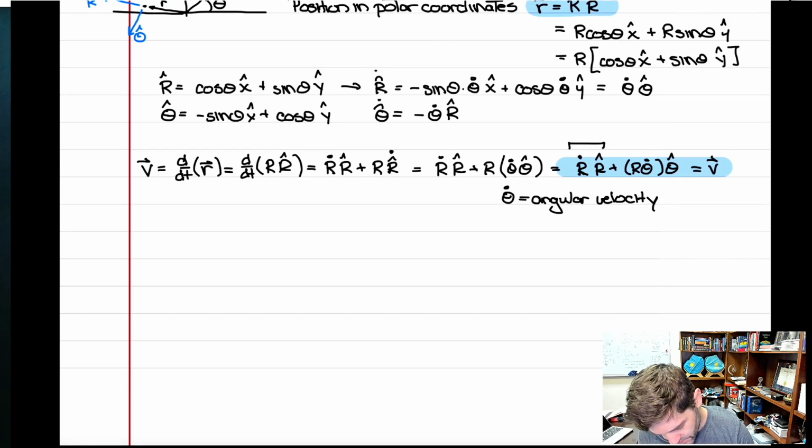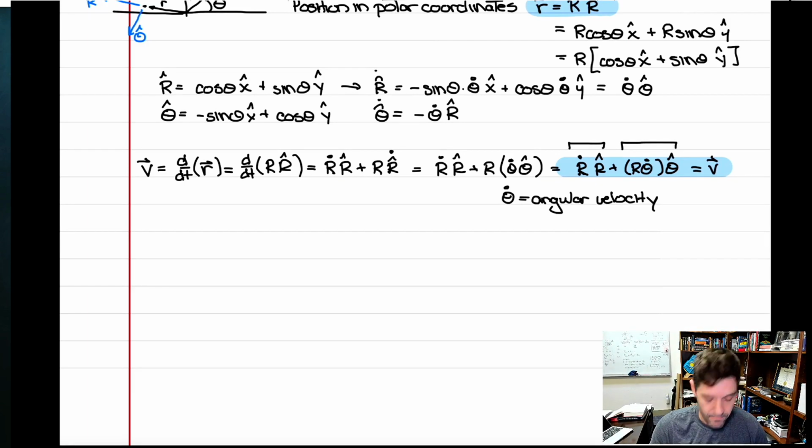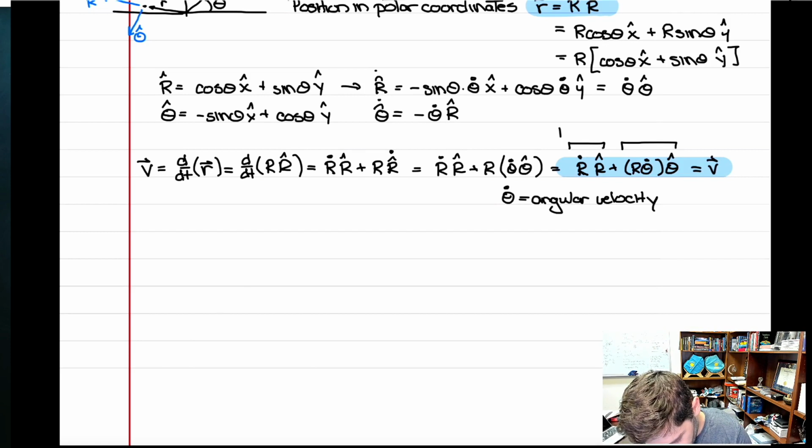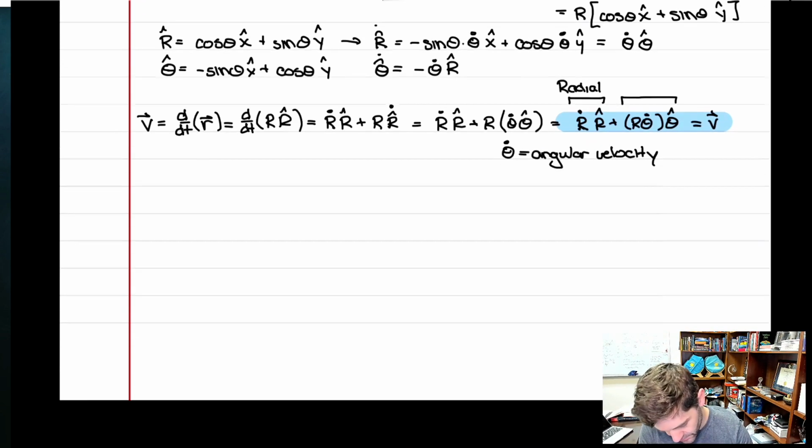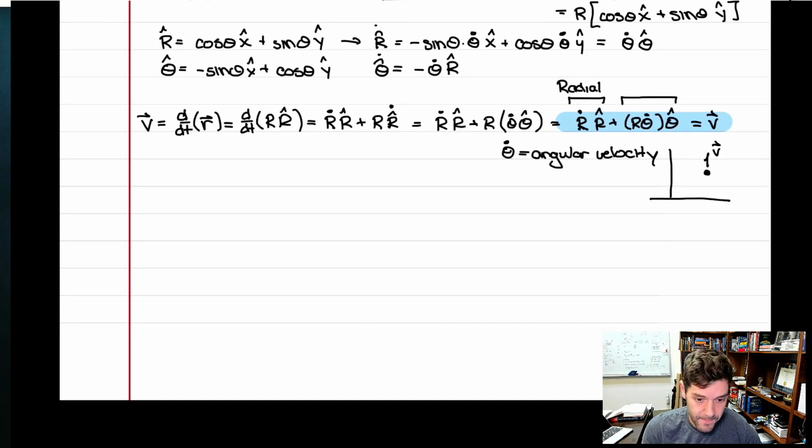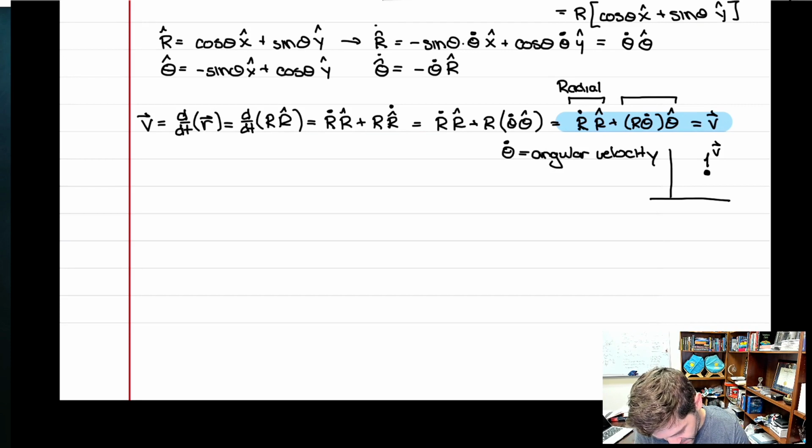And again, we should try to get better at interpreting what this means. This first term is pointing in the radial direction. So it's talking about radial changes in motion. If I draw quick axes here, here's a dot, here's a position. If the velocity is pointing, say, straight up, so that the position vector might start here and it might end up here.